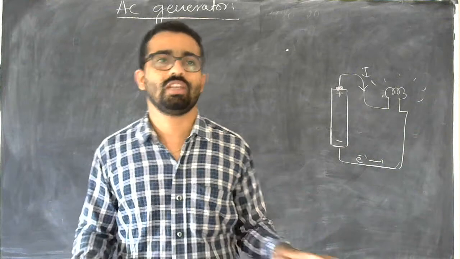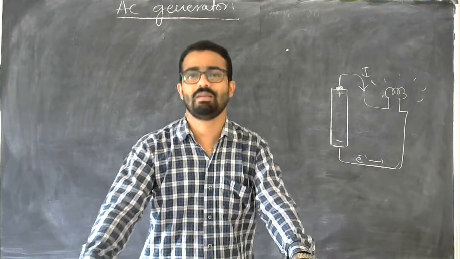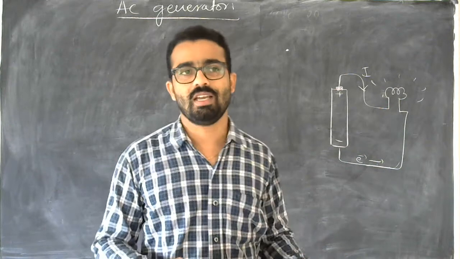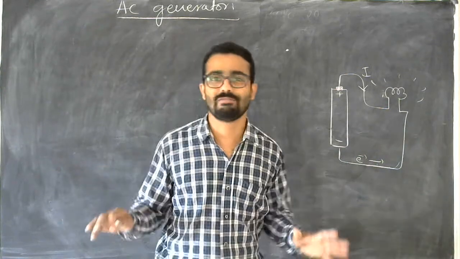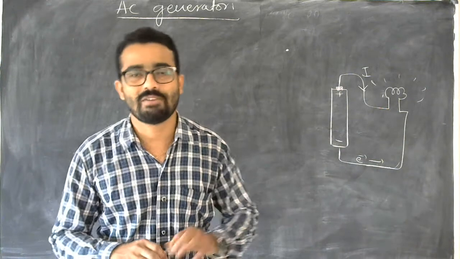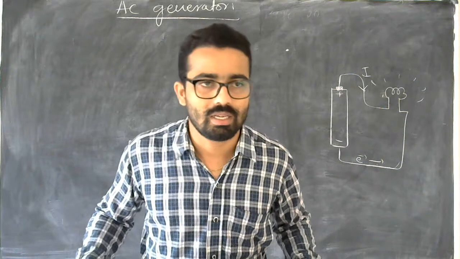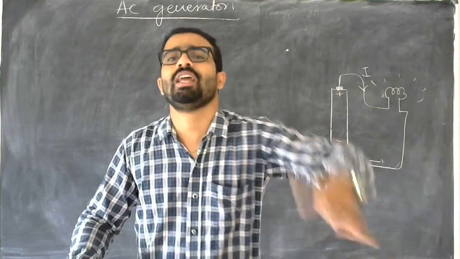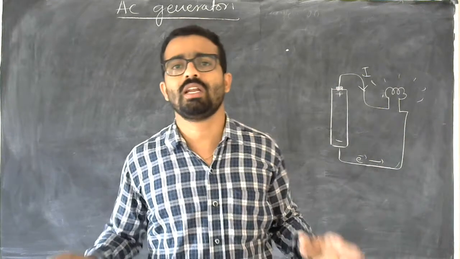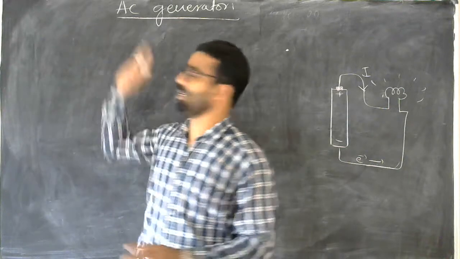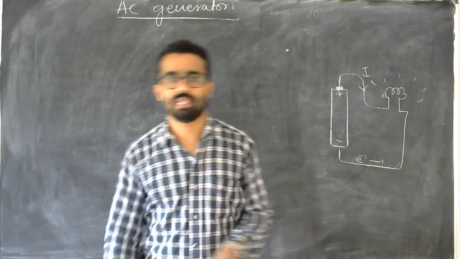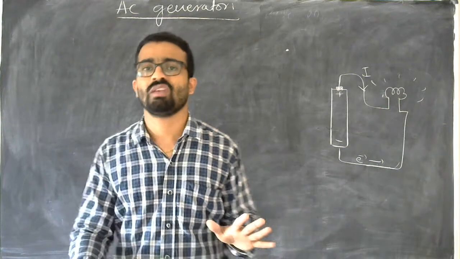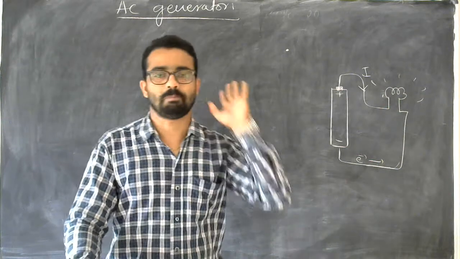After the marriage, people will enjoy, they will dance and play music, and there will be the sound of a generator. So what is the function of a generator? That generator will generate some energy. What kind of energy does it generate? That is AC. It will generate alternating current. That is why it is called an AC generator.